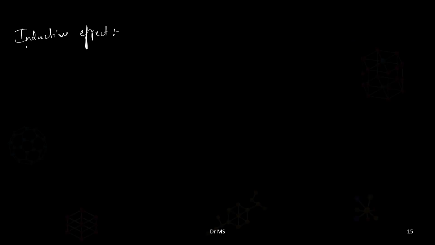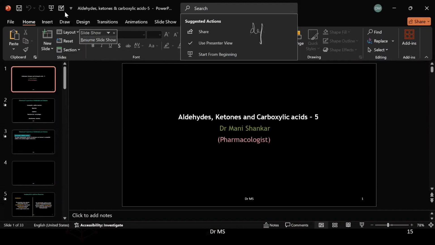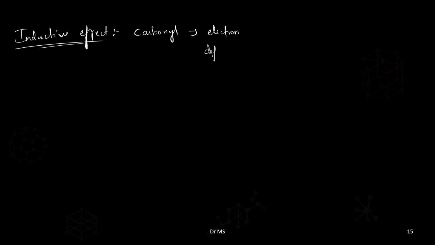So generally the carbonyl carbon is electron deficient. Why is it electron deficient? Because whatever electrons are present on this carbon are taken away by the oxygen. So it is having a deficiency, less electron density.